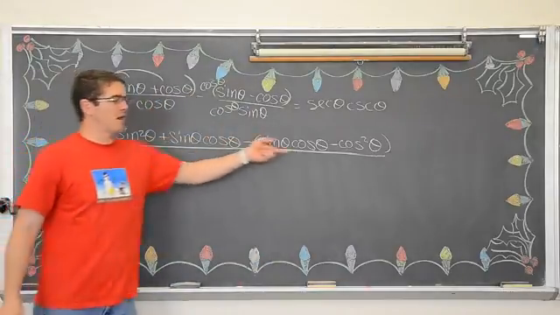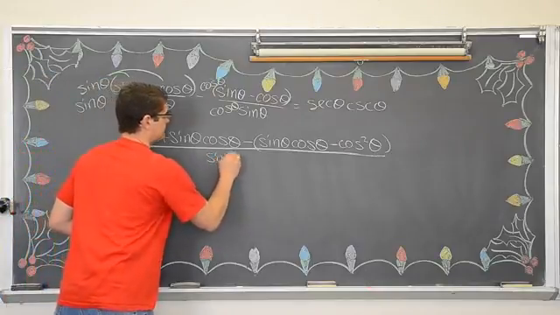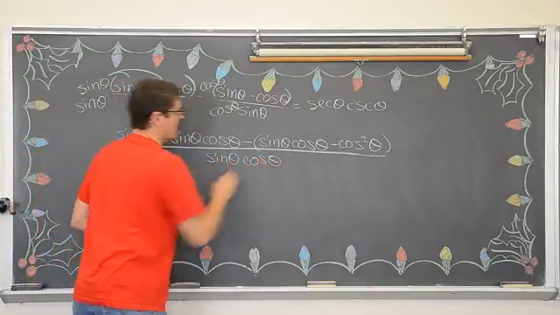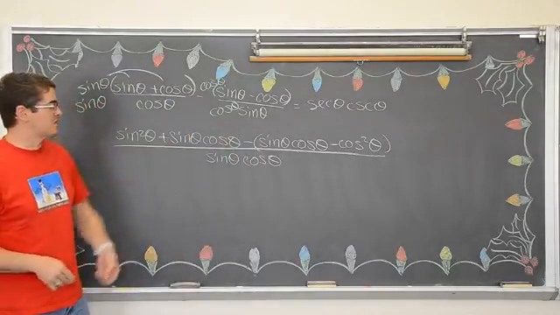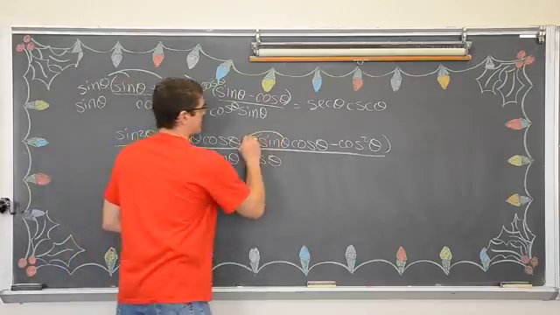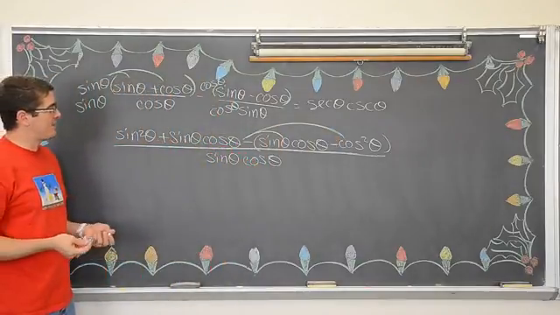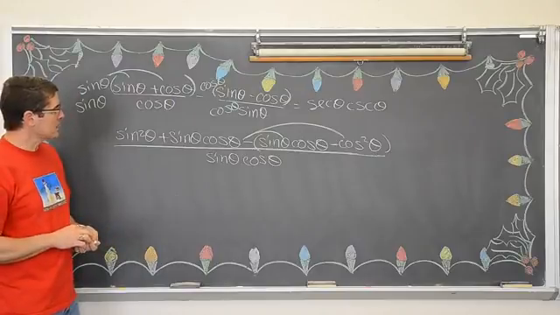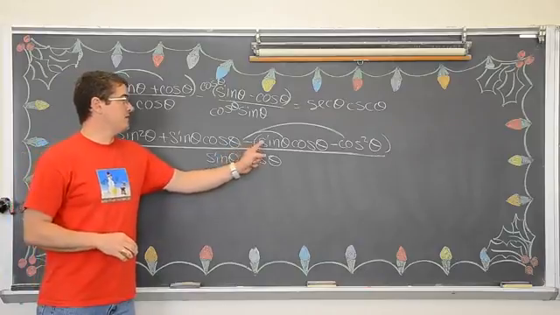And I'm just going to write one big fraction because I've set up my common denominator. So sine theta cosine theta. Now, see that minus sign was what was originally between the two fractions, and that minus sign has to get distributed through the parentheses. And when you do that, what's going to happen? Well, we're going to get sine cosine, which is positive, and negative sine cosine.